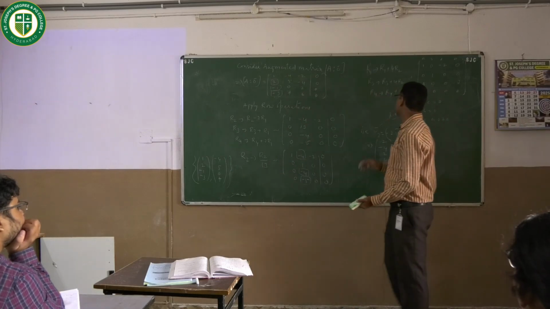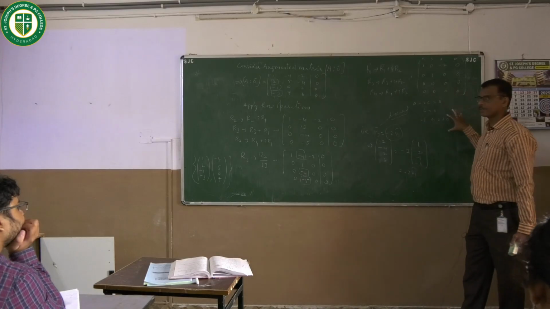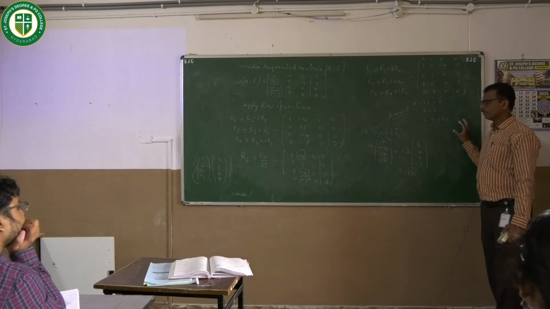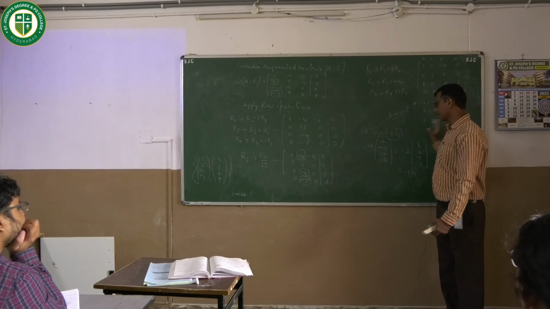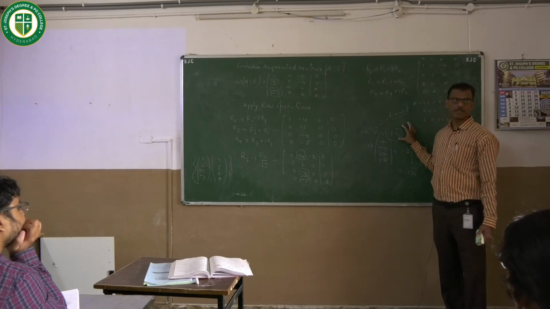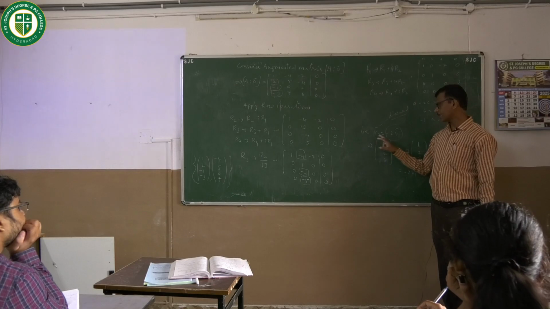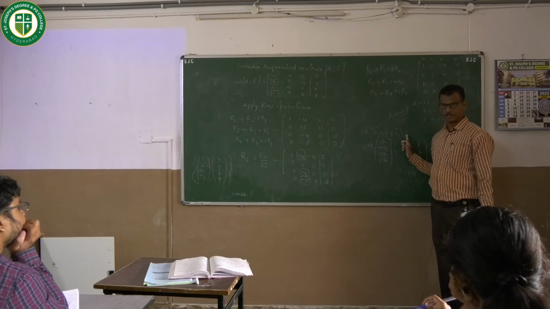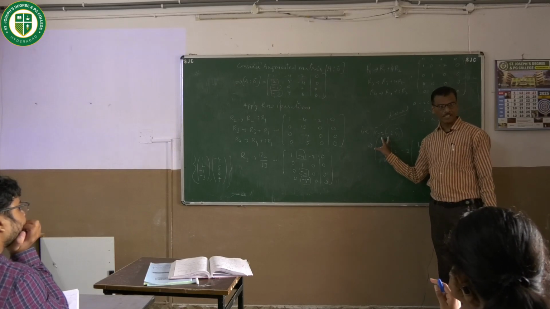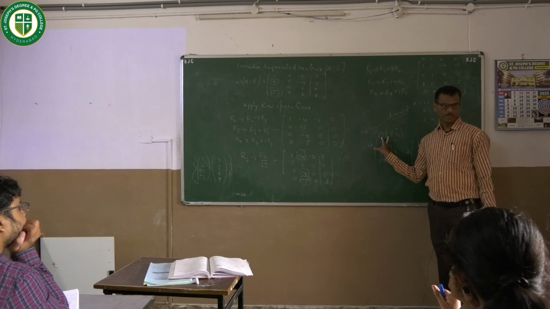Because the three vectors are not linearly independent, one of the vectors depends on the other. That means V3 bar is a scalar multiple of the other vector, so it is not linearly independent.